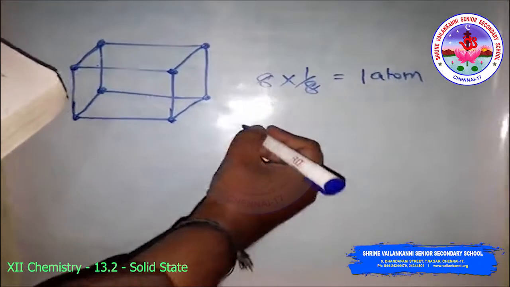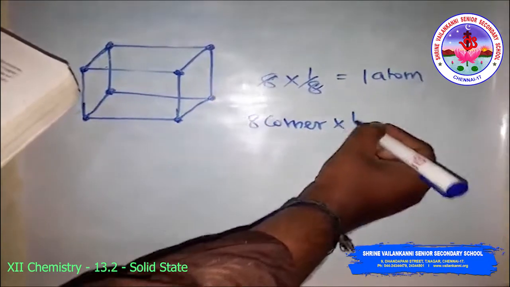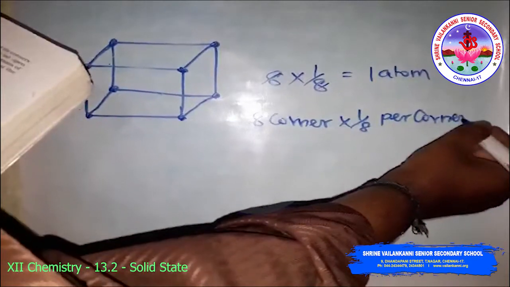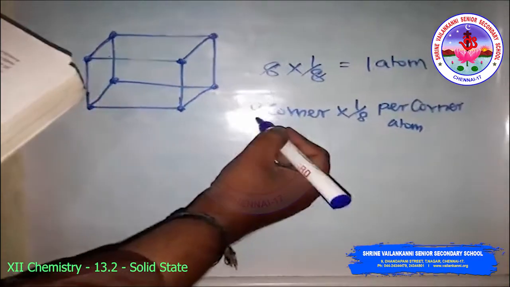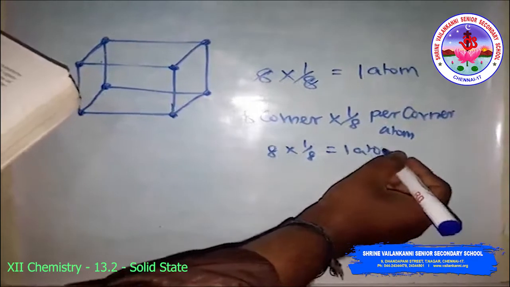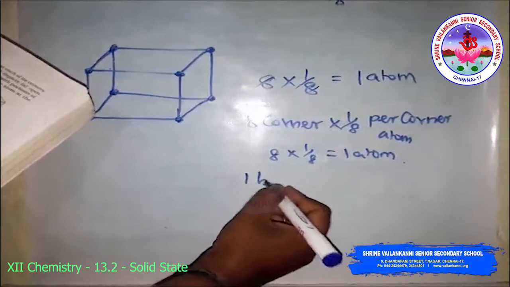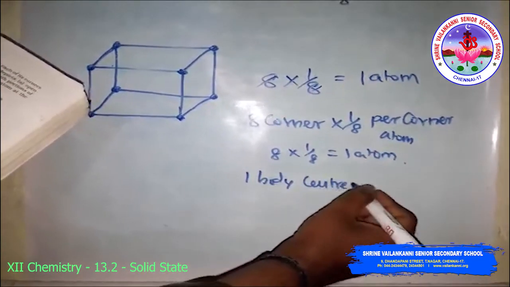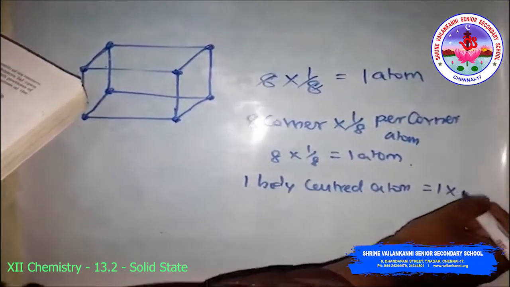I will explain: 8 corners and 1 by 8 per corner atom. So 8 into 1 by 8 is equal to 1 atom. Then you have to take the body centered atom, one body centered atom, so 1 into 1.